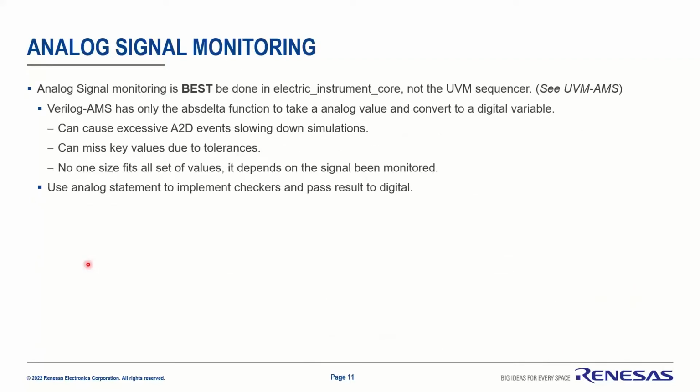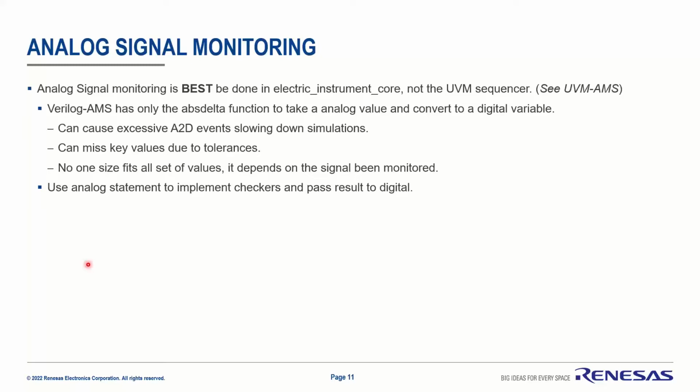Similarly, the monitoring has to be done in the core. The reason for this is VERILOG-AMS has only one way of sampling an analog signal and putting it into a digital variable, and that's the ABS delta function. If you make it very accurate, it creates too many A to D events that will slow down your digital solver, such that the digital solver is slower than the analog.